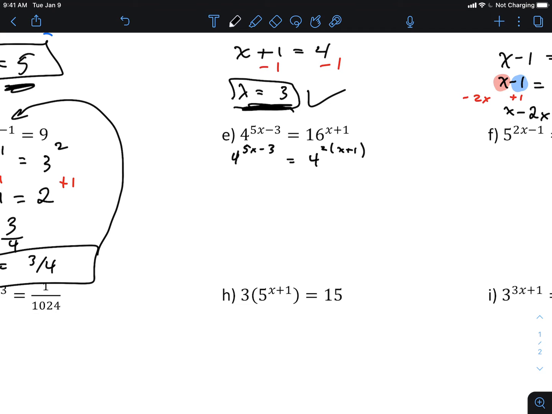Now the bases match, so you can rewrite the exponents. 5x minus 3 has to equal 2x plus 1. And just collect like terms now, right? We're just going to start moving stuff around. We want all the x's on one side and the numbers on the other. That's it.